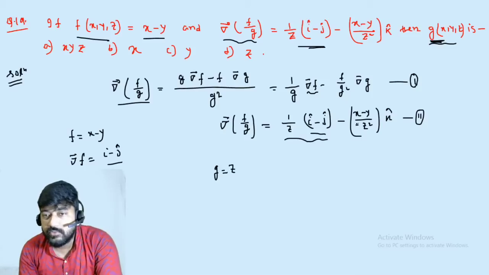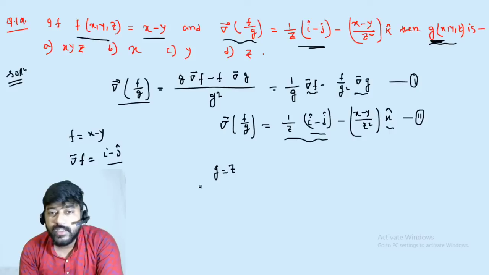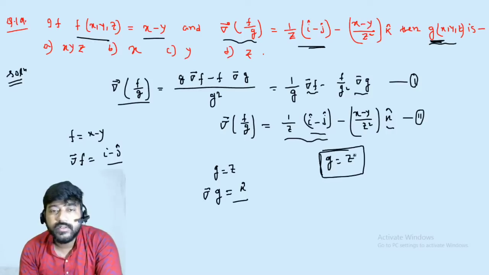From this comparison you can also say that f is x minus y and g is equal to z, and the last term, gradient of g, here is k cap, and if g is equal to z, then obviously gradient of g is k cap. So by comparison of each and every term from these two equations, you can conclude that g is equal to z. So D will be the correct answer.